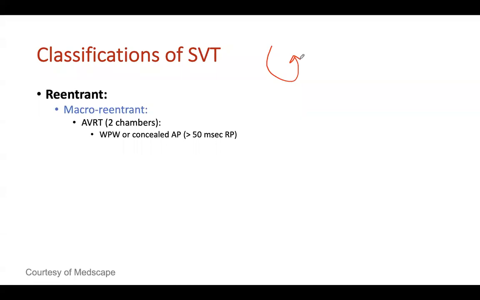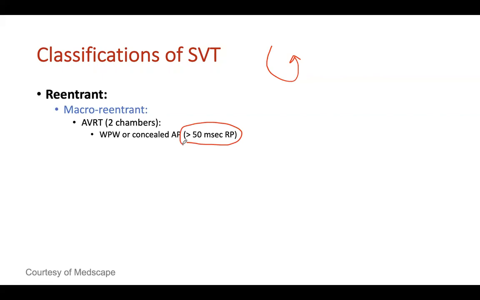When you have an accessory pathway SVT, your RP interval by definition has to be more than 50 milliseconds, and in adults more than 70 milliseconds. So that's why it's nice to know your RP duration. If your RP duration is very short, below 50 milliseconds in babies and 70 milliseconds in teenagers, then this can't be an accessory pathway mediated tachycardia.